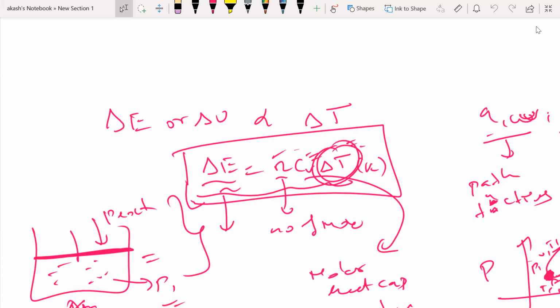Okay, people. So the question was like this: 8 grams of O2 gas at STP is expanded so that the volume is doubled. Find the work done.